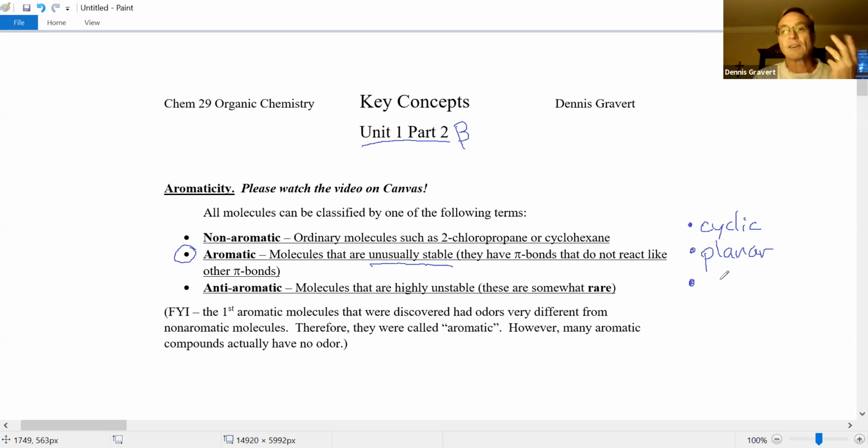Third, see if all the atoms in that ring have a p orbital where these pi electrons can fly around. We said that all the atoms in the ring are conjugated. And what that really means is a p orbital on every atom of the ring.